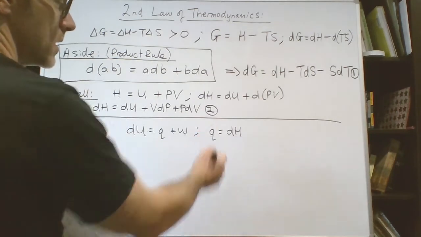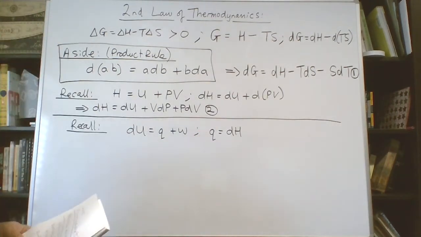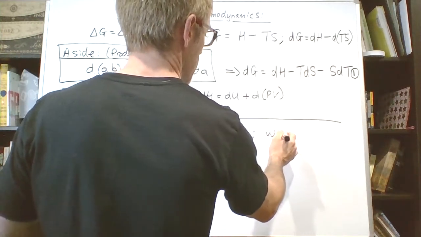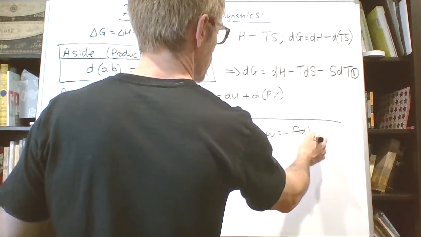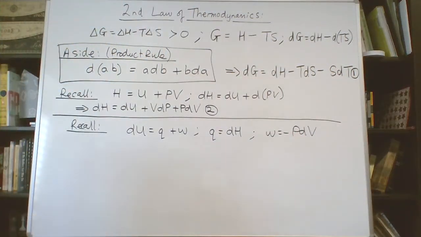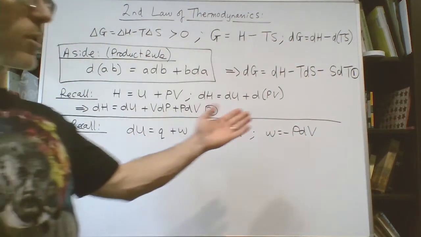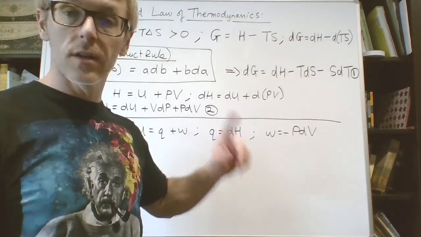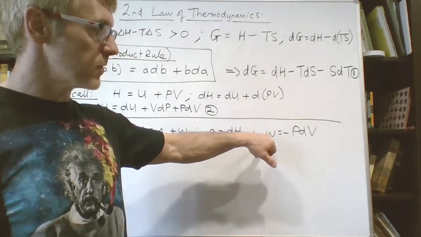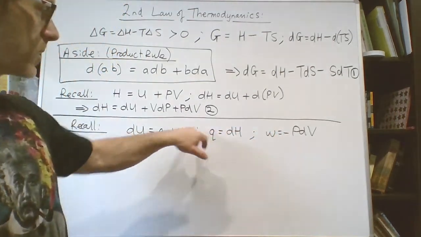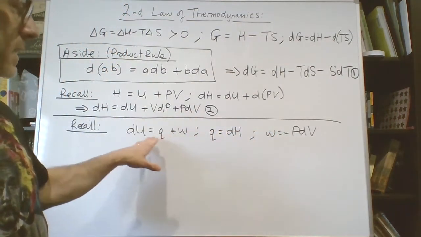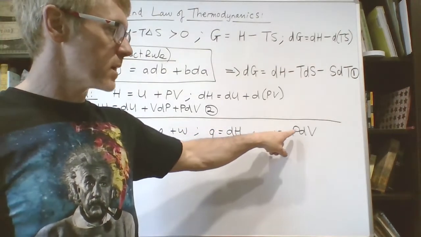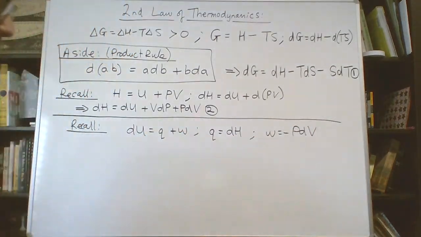This is an equivalence that will hold. And we're going to assume that work is minus PdV. This would be constant pressure expansion work, not variable pressure. Don't get those confused. Based on our first law of thermodynamics, we're going to sub in Q for dH, and minus PdV for work.